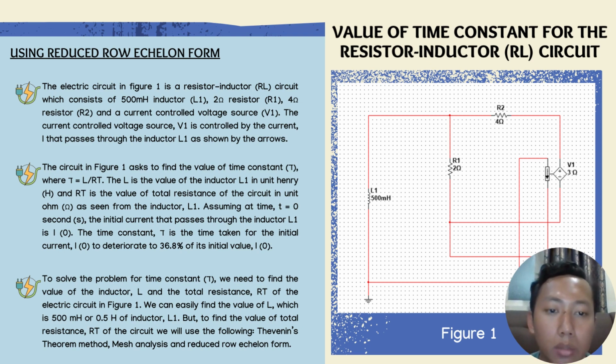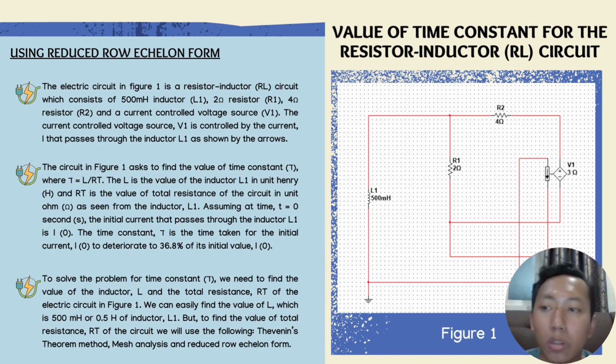Assuming at time t equal to 0 seconds, the initial current that passes through the inductor L1 is I. The time constant T is the time taken for the initial current I to decay to 36.8% of its initial value I.